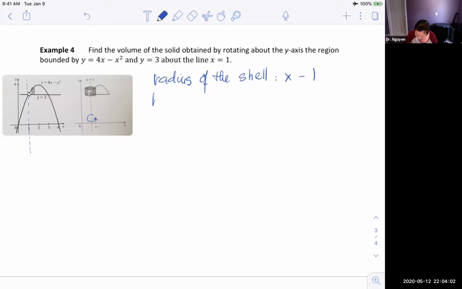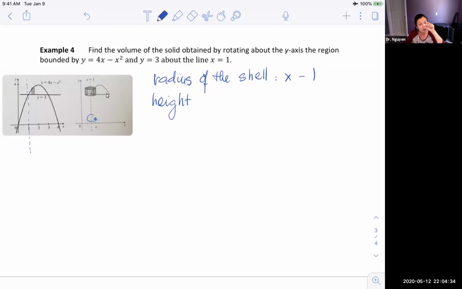Anyway, that's the radius. The height in this case is the function right here. So we go from the function, and this line is y equals 3. Once again, I'm going to think area between curves.